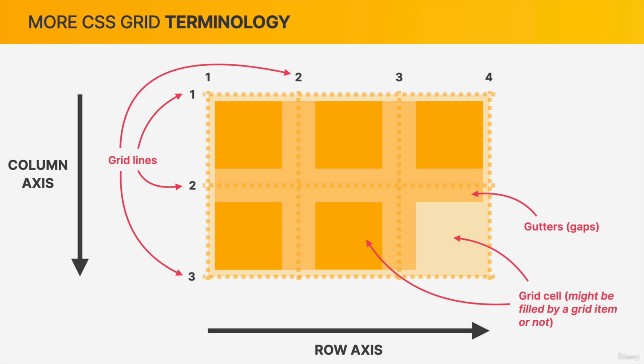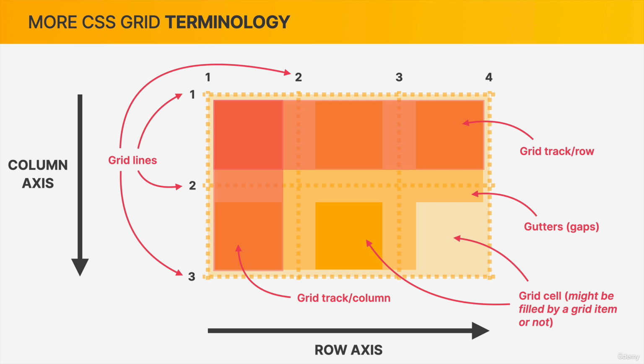Okay? Finally, another term that is commonly used when we talk about CSS Grid is the term grid track. So a grid track can be a row or also a column. So each of these are grid tracks. And so in this example here, we have 2 row tracks and 3 column tracks. Okay?